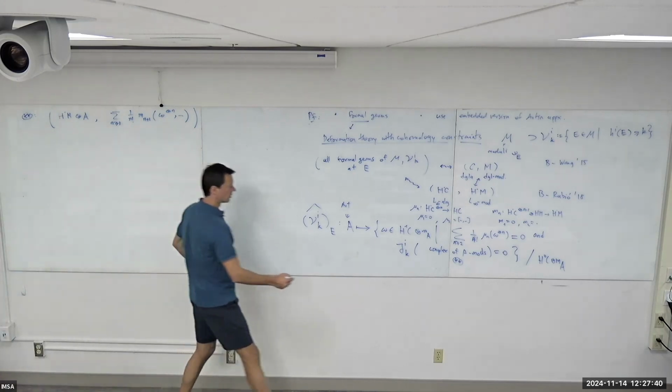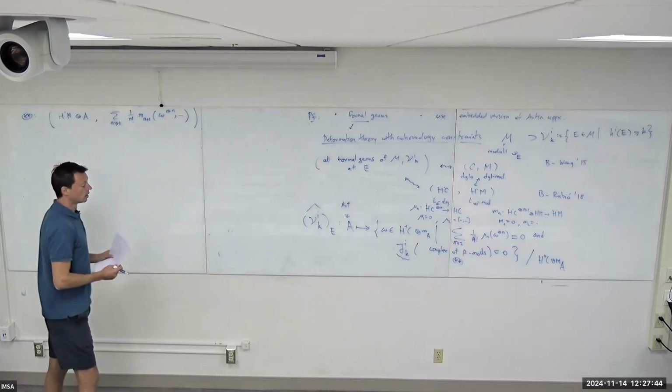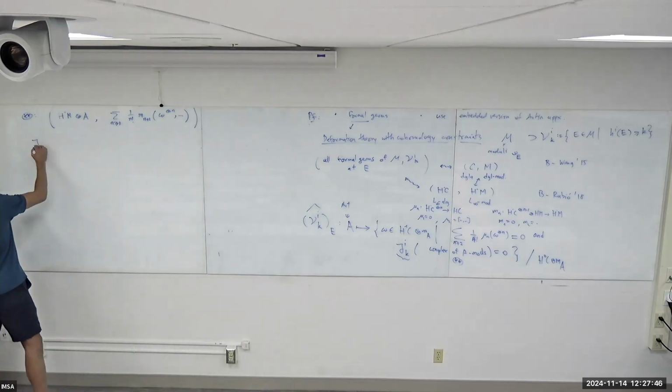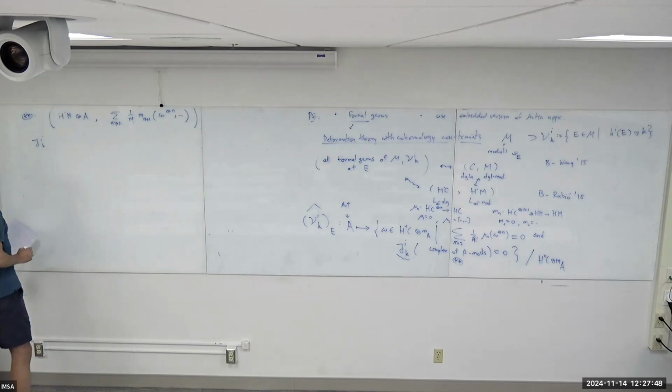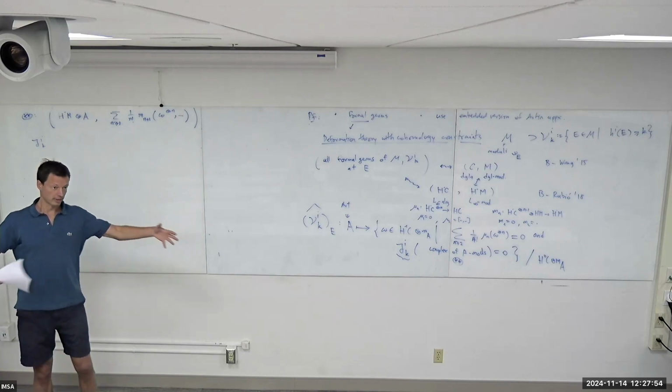Now, what is this cohomology jump ideal? So this is a generalization of the Fitting ideal for finitely generated modules over a Noetherian ring to a complex.